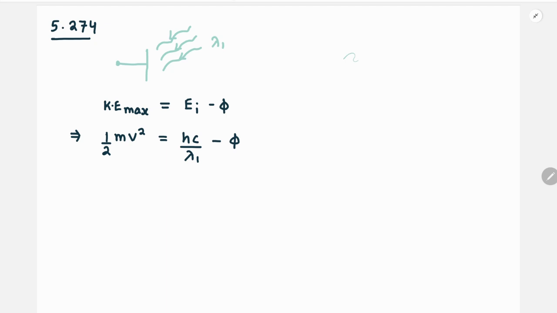Now in the second scenario, the same metal surface is illuminated with light of wavelength lambda 2. For this case, we can again write kinetic energy maximum is equal to incident energy minus work function.